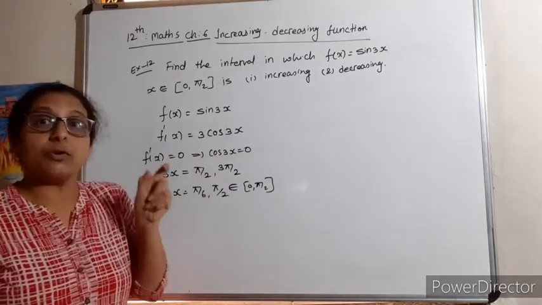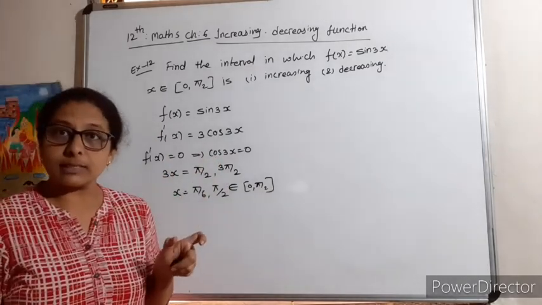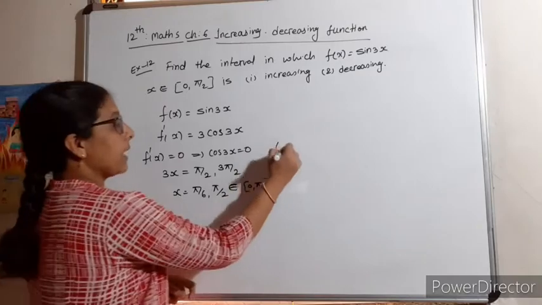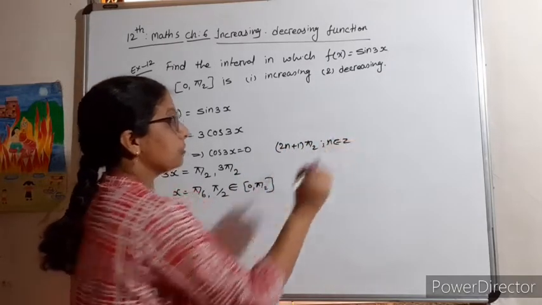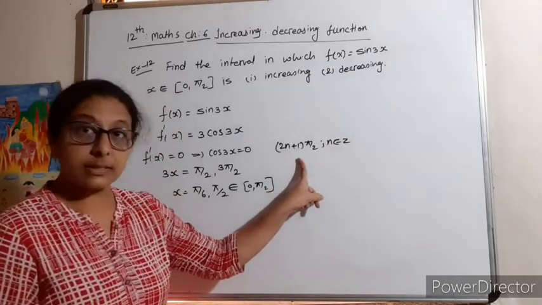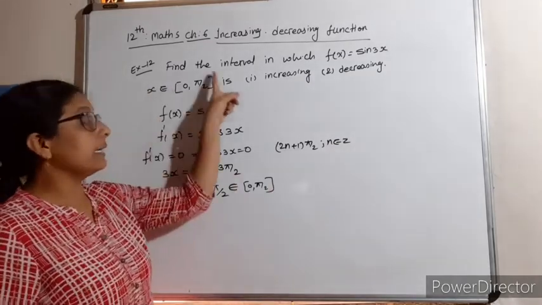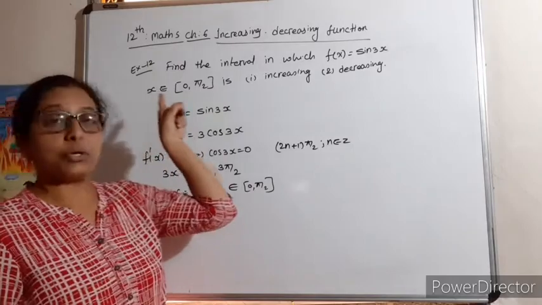Cos के zeros को याद करो. What are the zeros of cos? That is (2n plus 1) pi by 2, n belongs to Z. These are the zeros of the cos. उसमें से आपको कौन से लेने हैं? It is just those belonging to 0 to pi by 2.